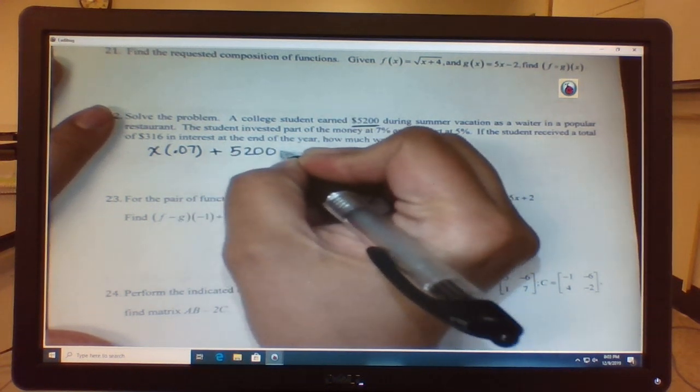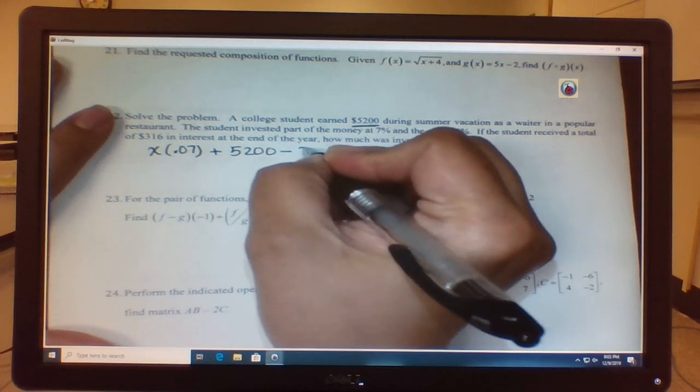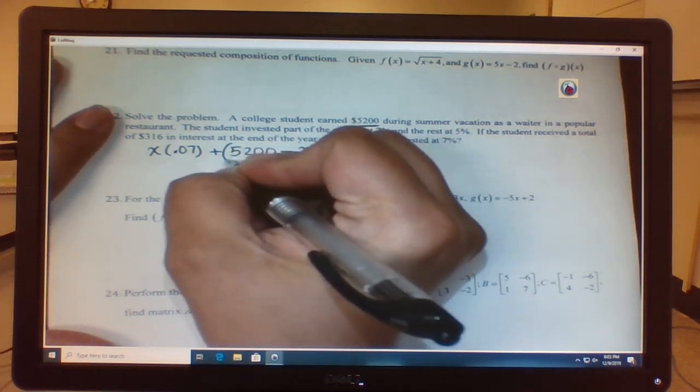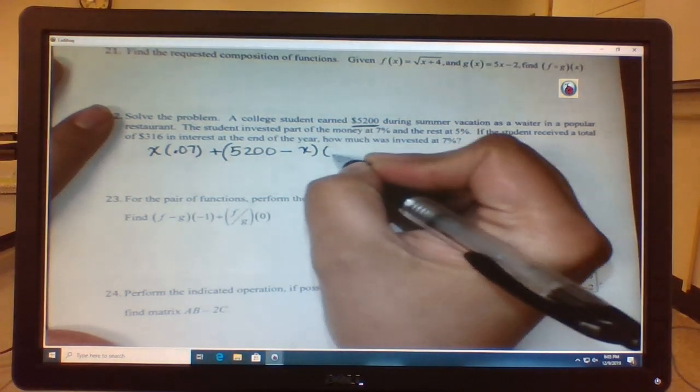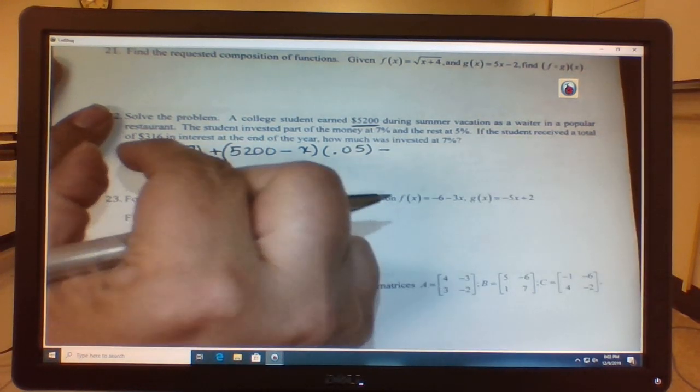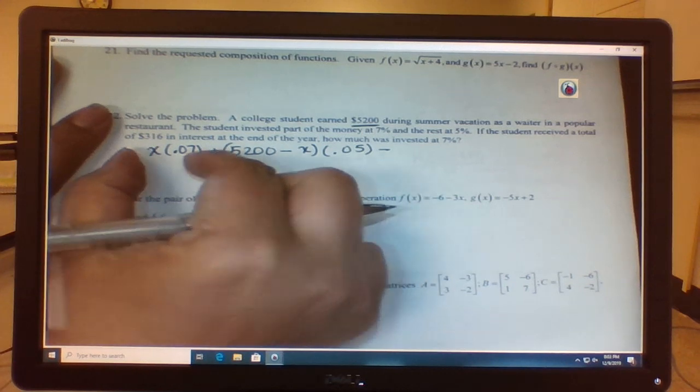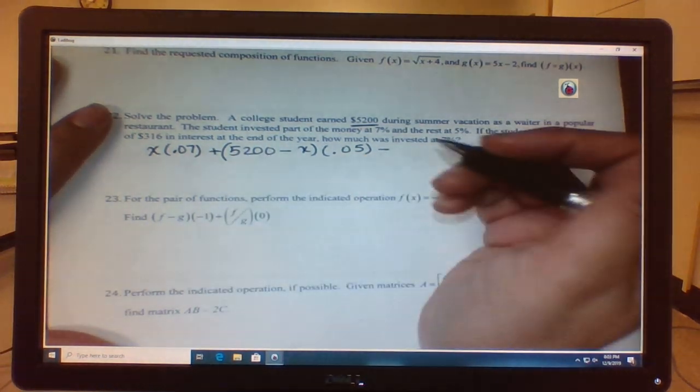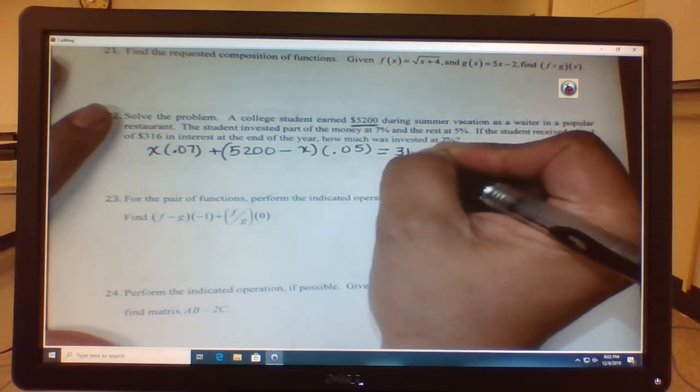So this is going to be 5,200 minus the part X, and this is being invested at what percent? 0.65. Together, this part and the rest equals 316.